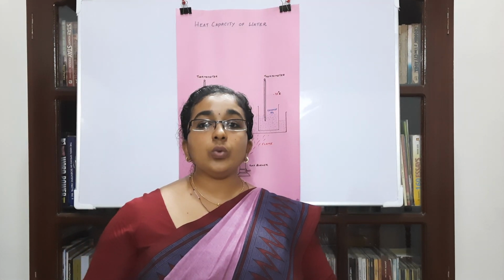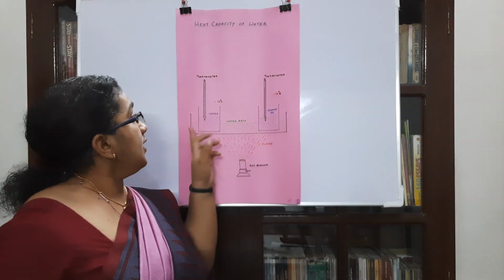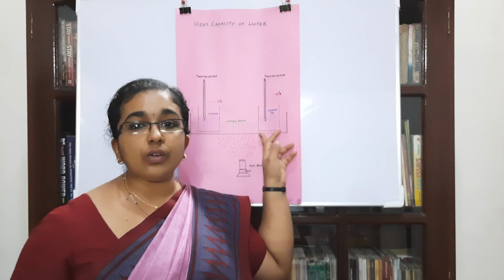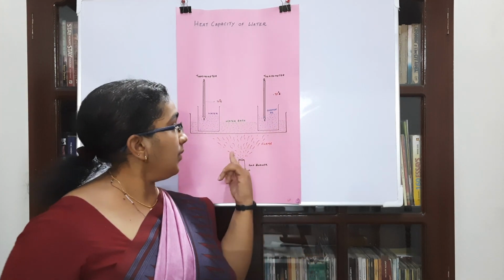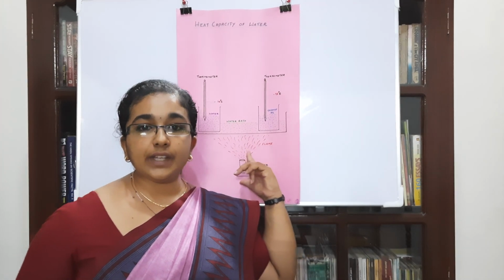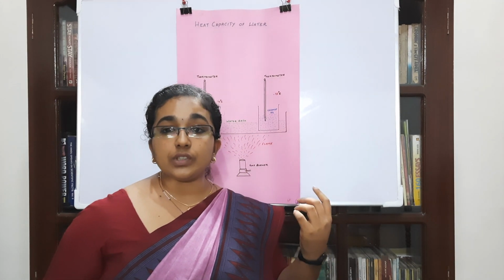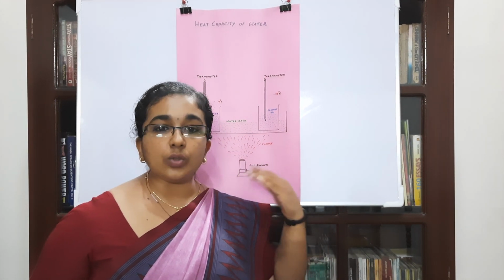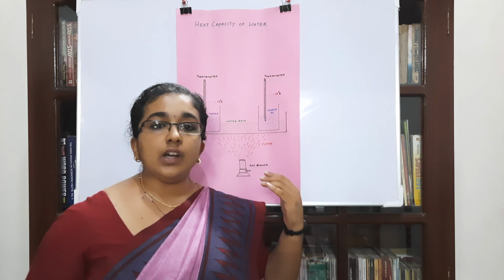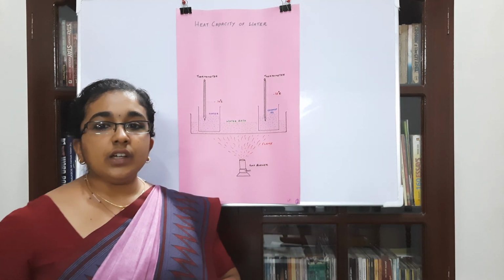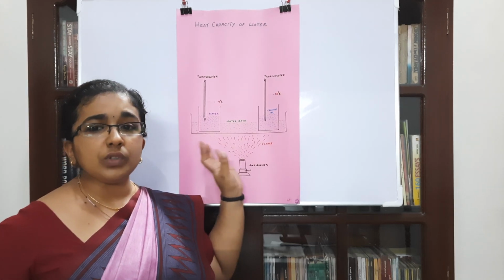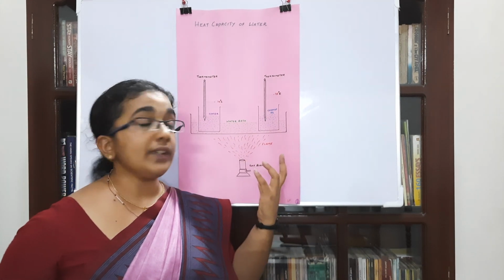Take equal quantities of water and coconut oil in two separate beakers and heat them in a water bath. Okay, measure the temperatures of water and coconut oil at regular intervals using a thermometer. Which of the two temperatures reaches a higher value in a specified time?